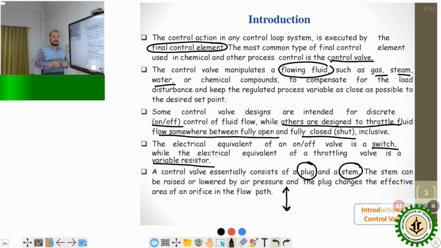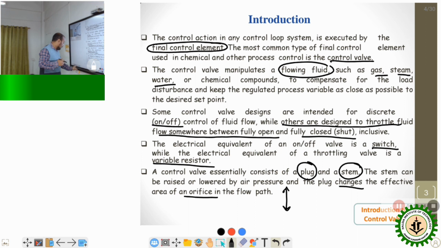Most industrial control valves are used as pneumatic control valves, in which an air pressure signal is given to open and close it. The plug changes the effective area of the orifice. We have the orifice idea from industrial instrumentation: it is a constructed path through which the fluid can flow. That is also a part of the control valve, in which an orifice area has been made.